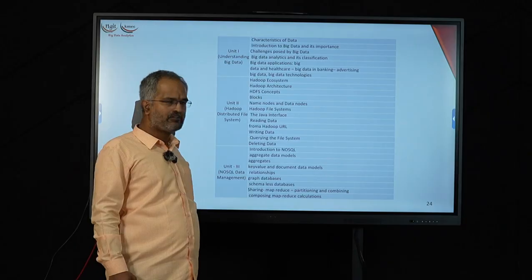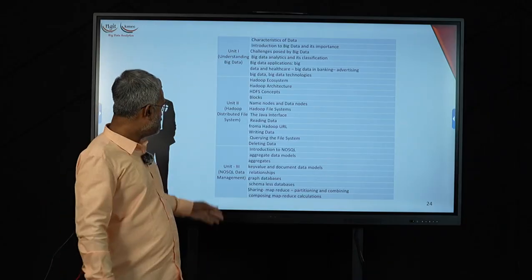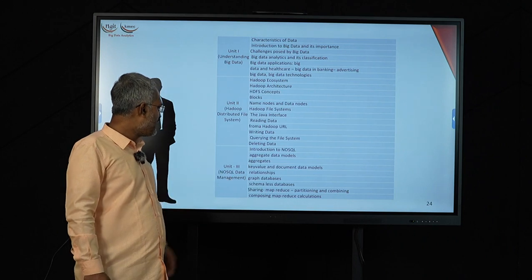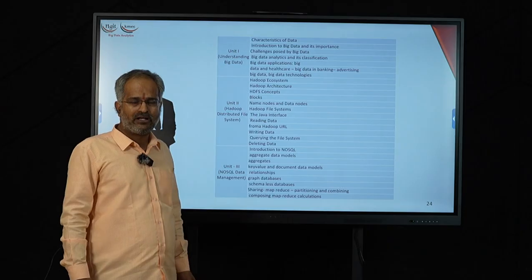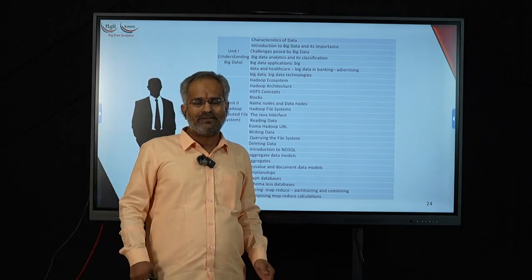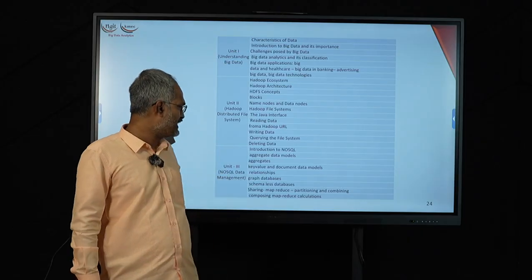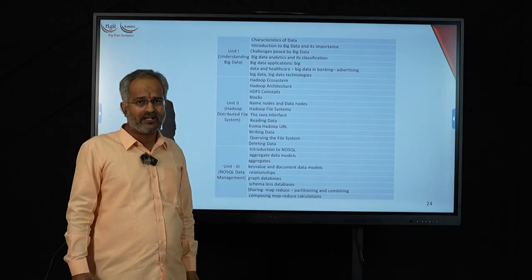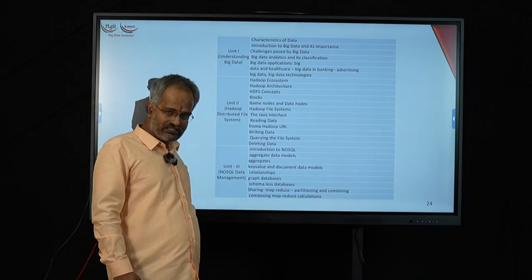The entire HDFS is covered in the second unit. And the third unit deals with NoSQL data management. What is NoSQL? How is it different from the relational database, and how can we handle that? What are the various components in that? All those components are discussed in Unit 3.